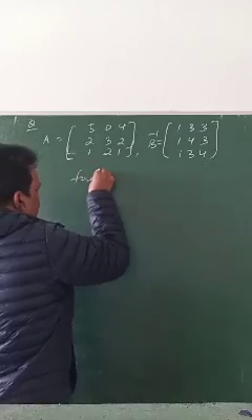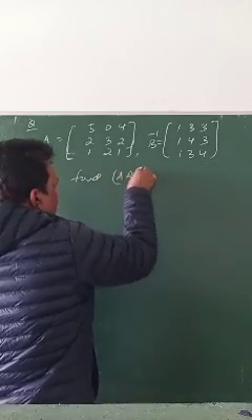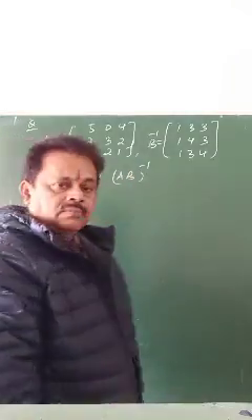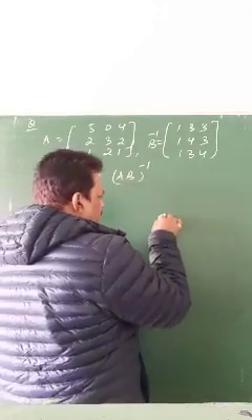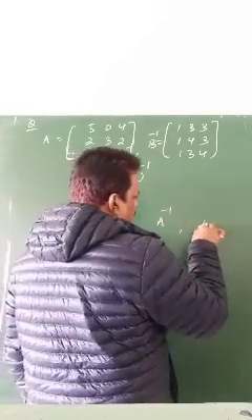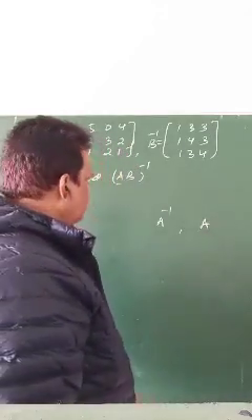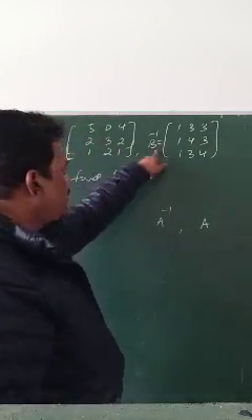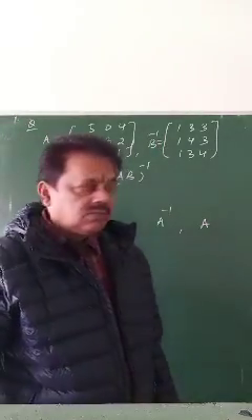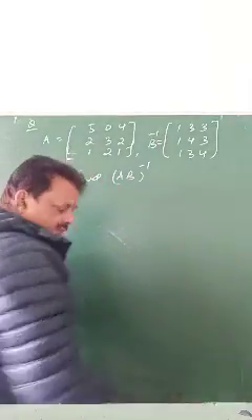Find AB inverse. This you can find if you know AB. A inverse is found out if you know A. Similarly, AB inverse is found out if you know AB. There is no B here. B inverse is given. So what technique are you going to follow here?